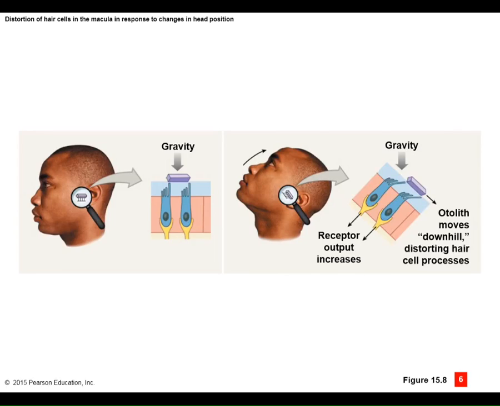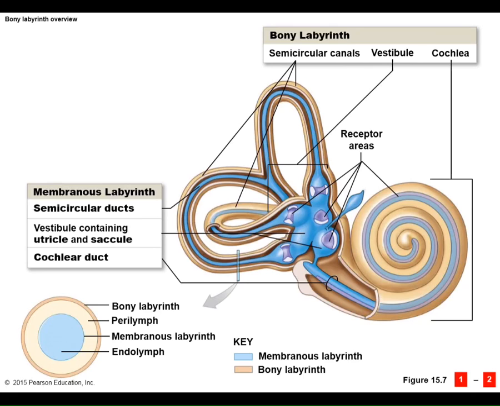When you move your head, and when your body is being moved, fluid is going to be rushing over hair cells that are lining all of these areas. So within each of these three semicircular canals, in the X, the Y, and the Z axis, there are little hair cells.